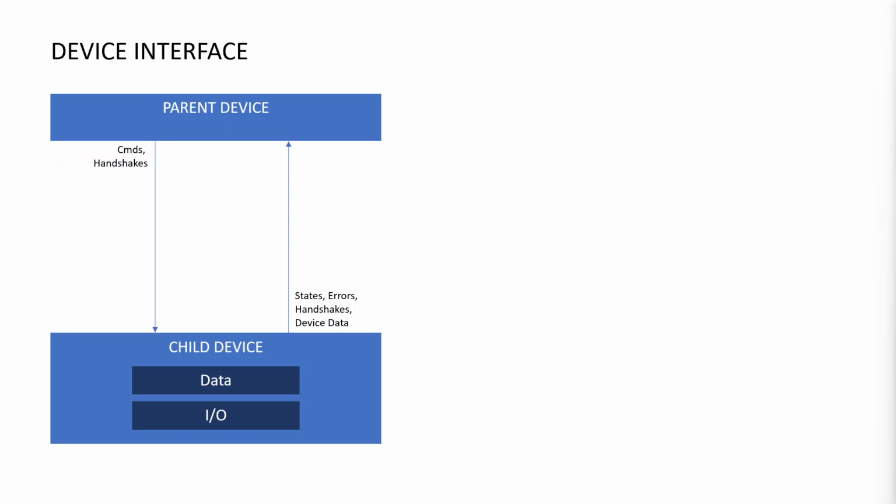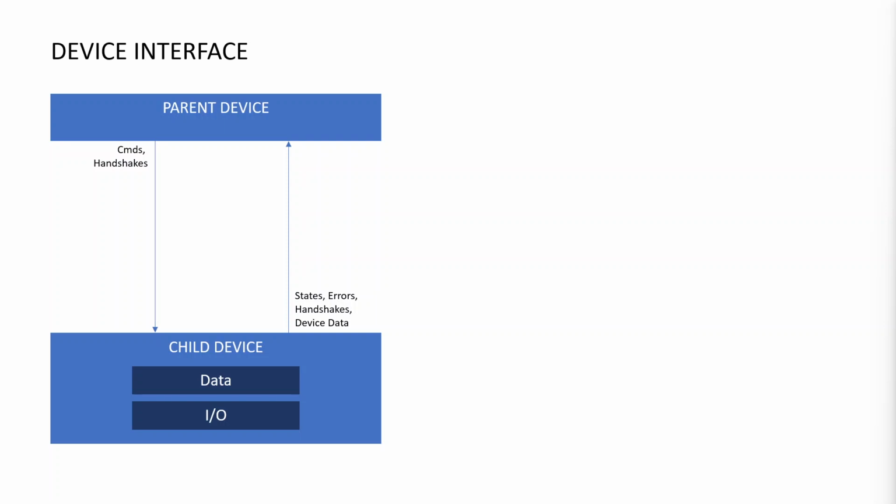So when we want to communicate with a device, there is an interface we use to govern our commands and control, and to exchange data between a parent and a child device.